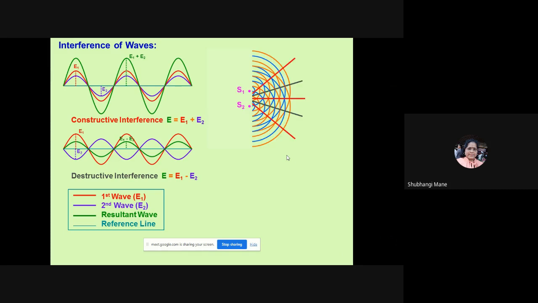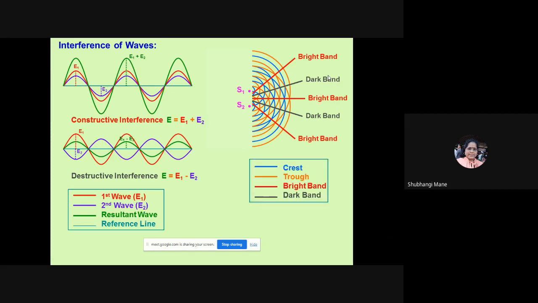Okay. So this is the interference phenomenon. Due to that, at the center we get a bright band, and surrounding the bright band we get a dark band on either side. After that, again a bright band, again a dark band. That means alternate dark and bright bands are observed due to interference of waves.